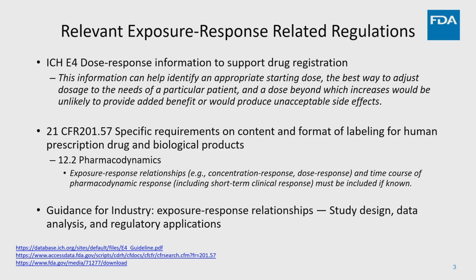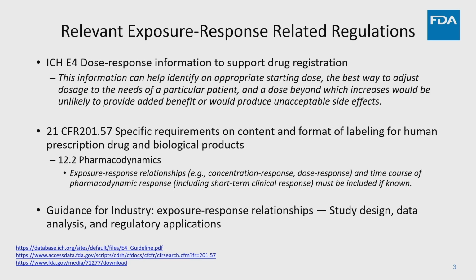The second one is Title 21 Code of Federal Regulations, which is the major code that we rely on at the agency to regulate drug development. In section 201.57, there's a specific requirement for drug labeling in regards to the exposure-response relationship, which has to be described in section 12.2 in the US PI for pharmacodynamic response or exposure-response relationship.